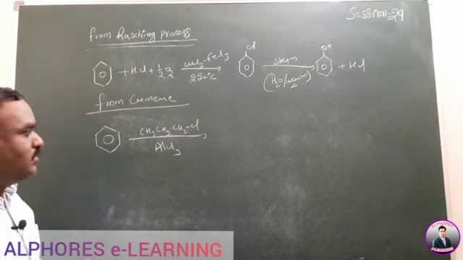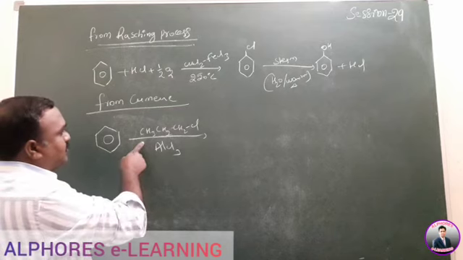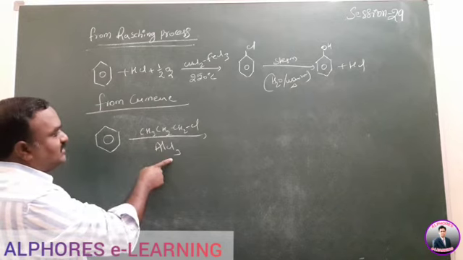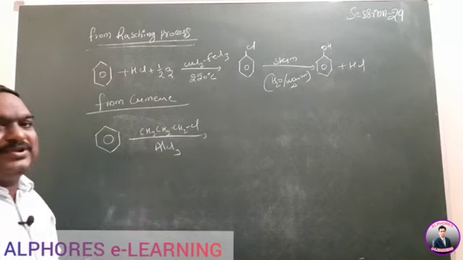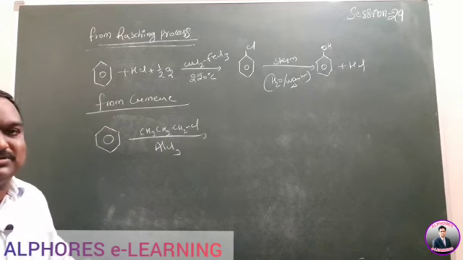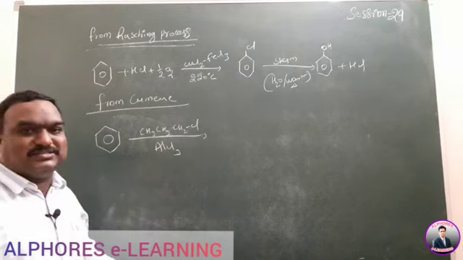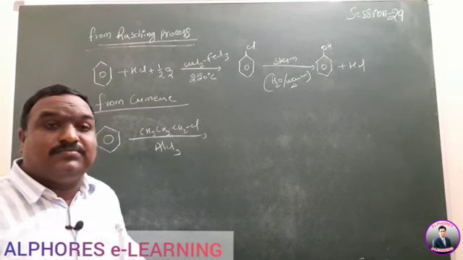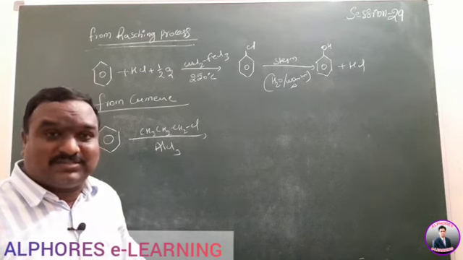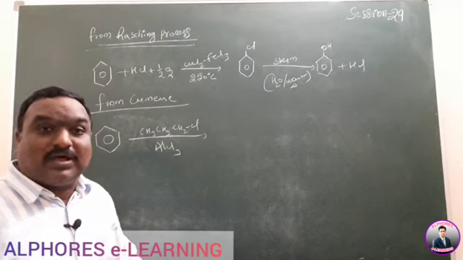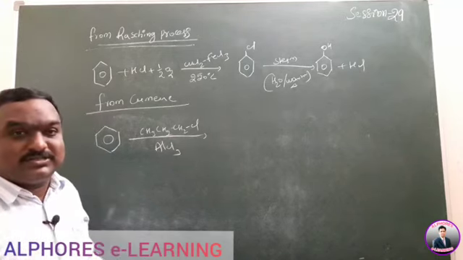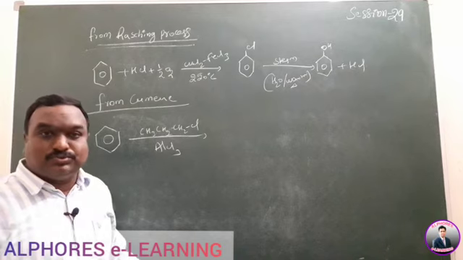So you remember, when alkyl halides react with benzene in the presence of AlCl3, it is generally called what? Friedel-Crafts alkylation reaction, because alkyl halide is given. Wherever acyl halide is given, it is called Friedel-Crafts acylation reaction.